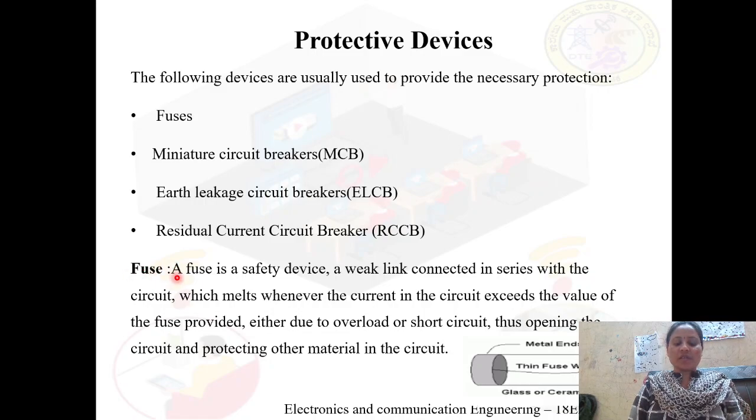First, let us consider the fuse. Fuse is a safety device. It is generally a weak link which is connected in series with the circuit.